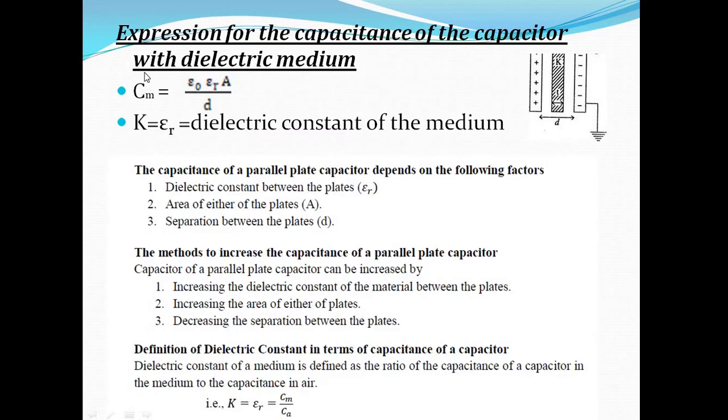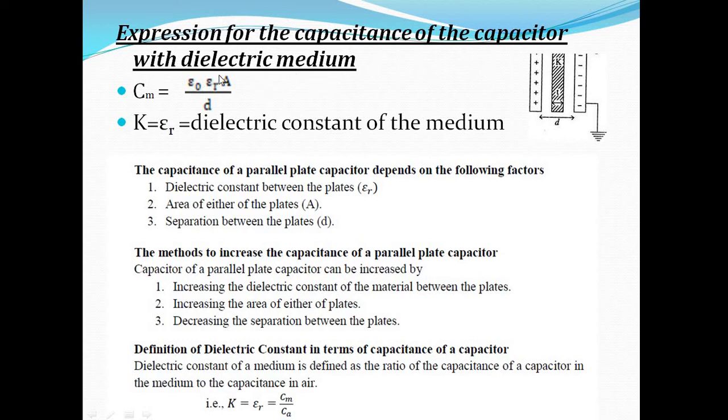Okay. See, in this expression there is no derivation. This is only the expression for capacitance of the capacitor with the dielectric medium. Only thing you have to note is, students, here the medium between the two plates is filled with a medium having the dielectric constant epsilon r. So Cm is the capacitance of the capacitor with dielectric medium.